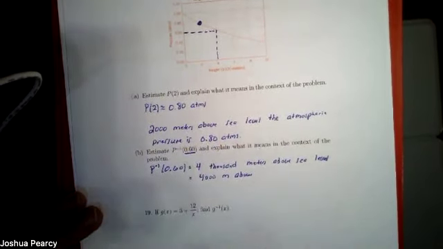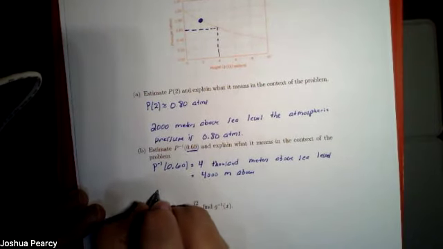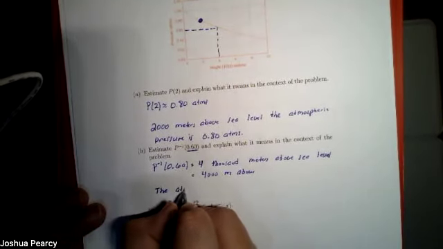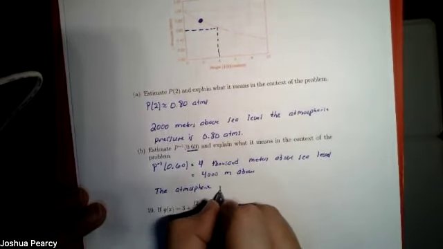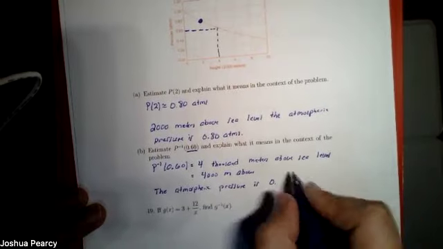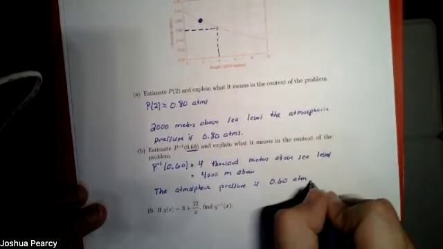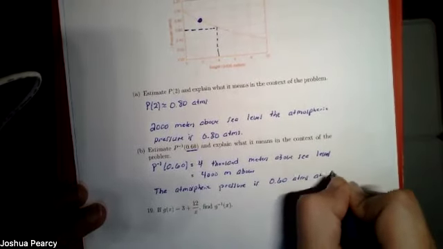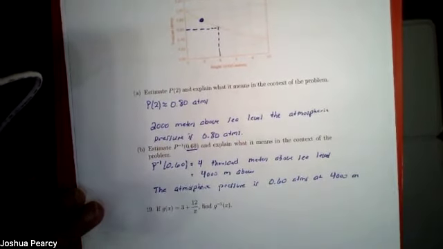So how do we interpret this? You could say the atmospheric pressure is 0.60 ATMs at 4,000 meters above sea level.